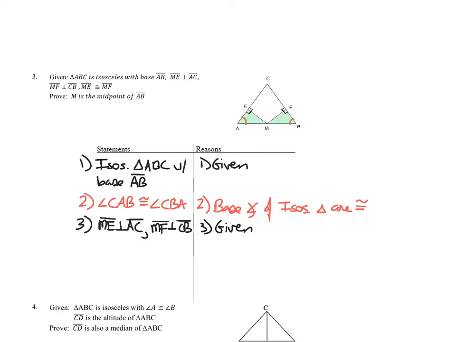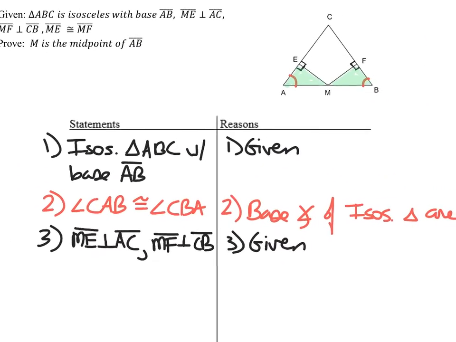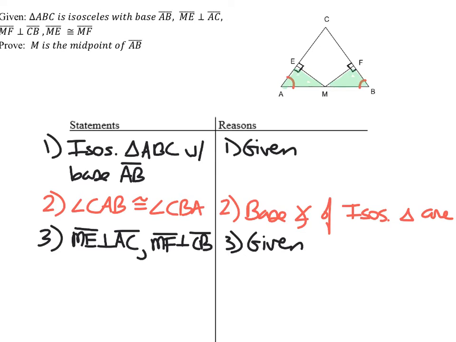But before we get to that, let me just make a statement here. And this is an important statement. I need to address the congruence of certain angles. I need to state that angle AEM is congruent to angle BFM.